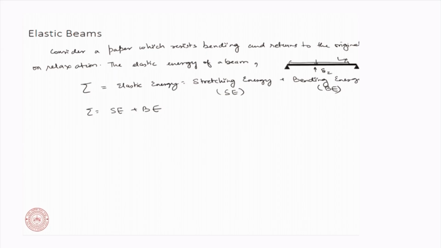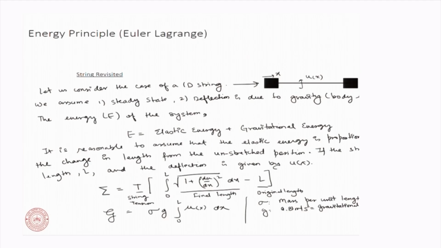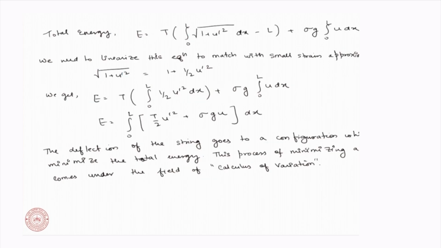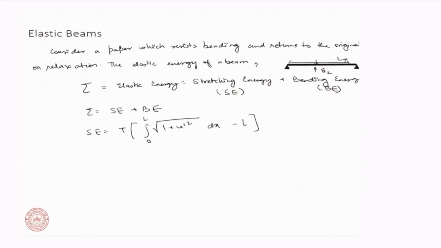All right. Now, stretching energy we know very well. The stretching energy is tension, and then we have an integration from 0 to L of square root of 1 plus u prime square dx minus L. Let us go back a few slides and we can see that this is the same stretching energy that we have been using, integration of the square root of 1 plus du by dx square dx minus L. So, in the case of strings we just had this stretching example, but in this case, again let us linearize.